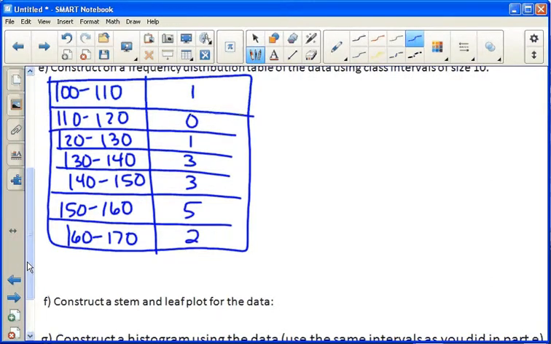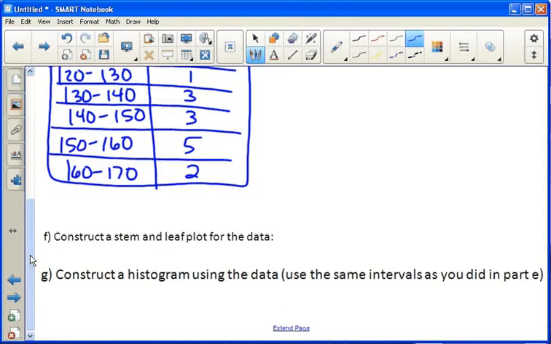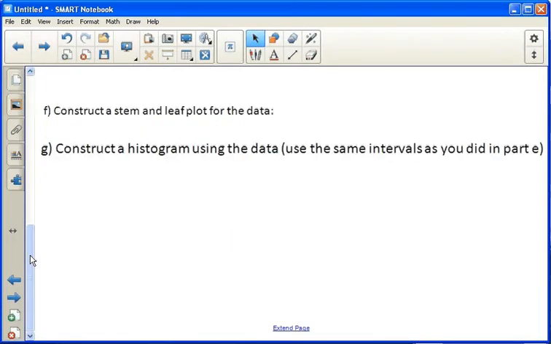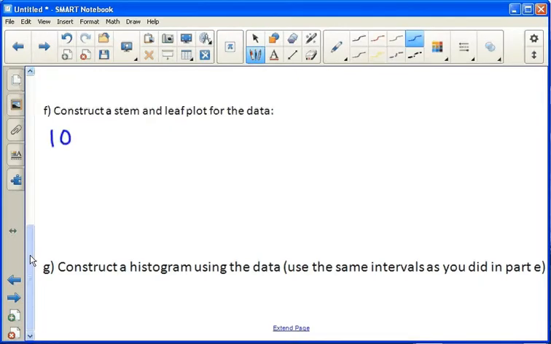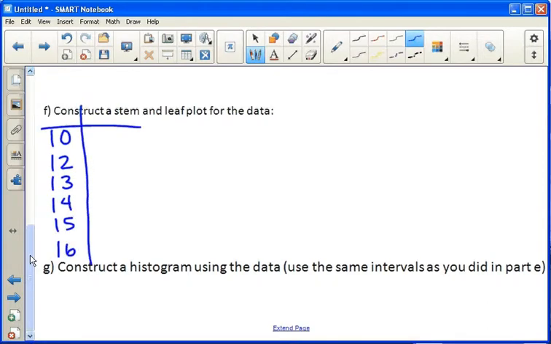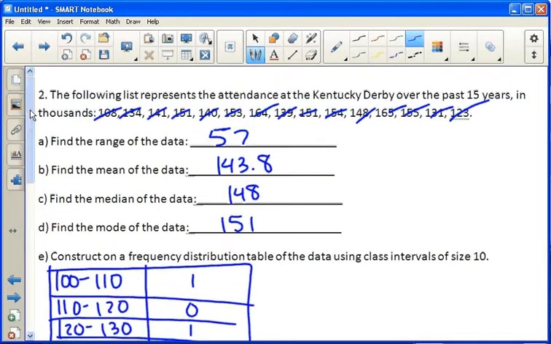Now F says construct a stem and leaf plot for the data. Okay, same idea here. We know we have something in the 100 range, in the 120, 130, 140, 150, and 160. We didn't have anything in the 110 area, so I didn't have any reason to do that there. So we had 108, I believe.